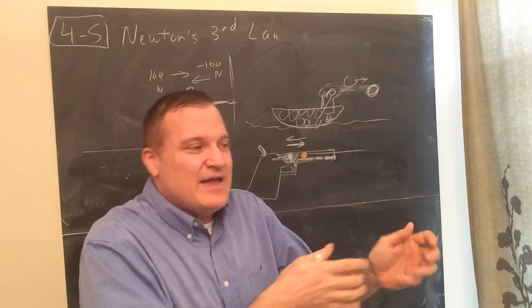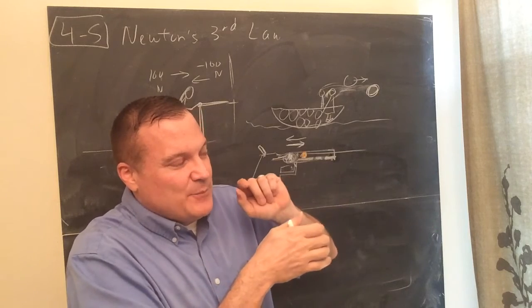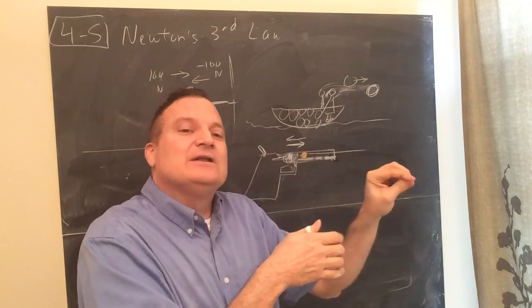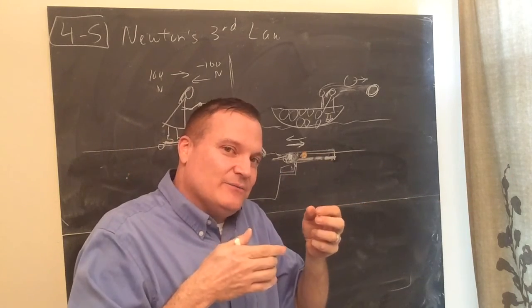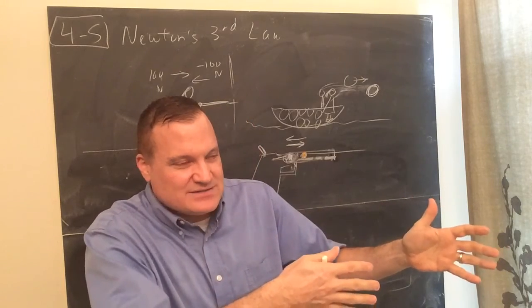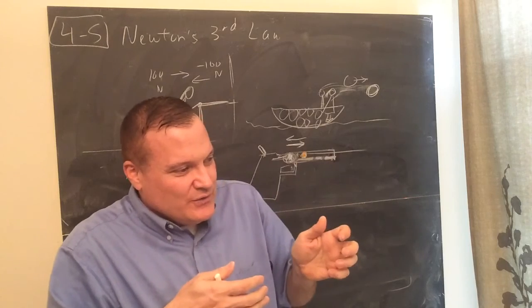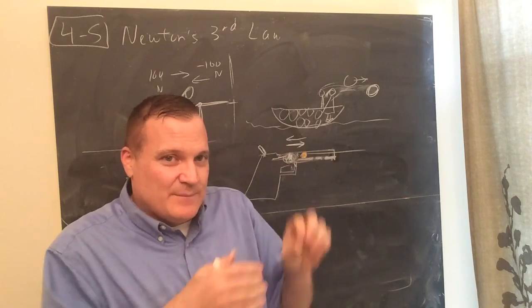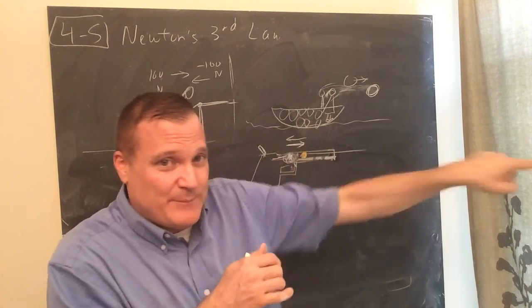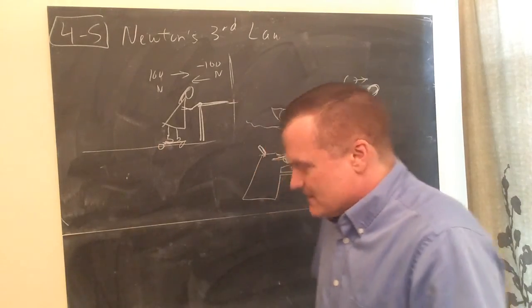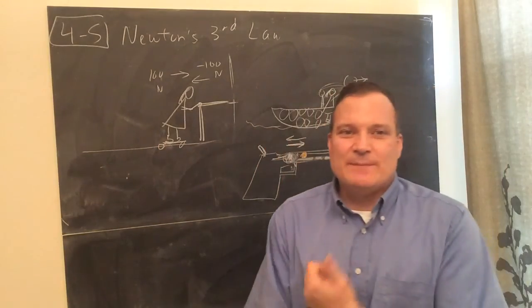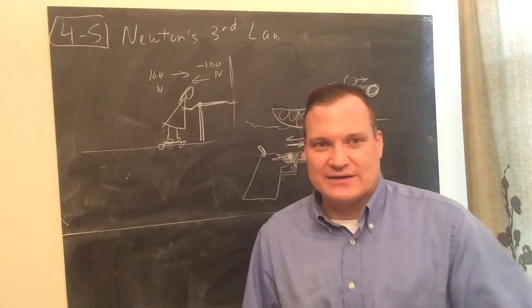Every time a bullet is shot, you're putting a force on the bullet, and that bullet is putting the same force back on you. Since you're such a big mass, the force on you is going to move you a little bit, but that small bullet is going to be propelled incredibly far ahead. Anyway, this is just an intro, the beginning part, and I'll come back in a moment and show you the calculations.